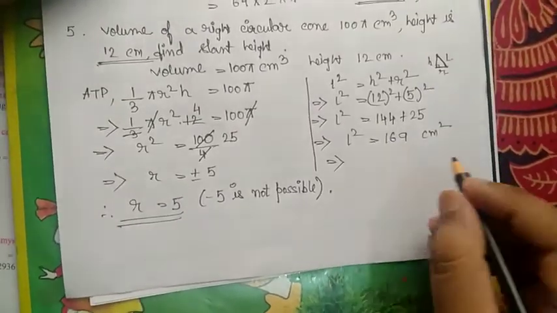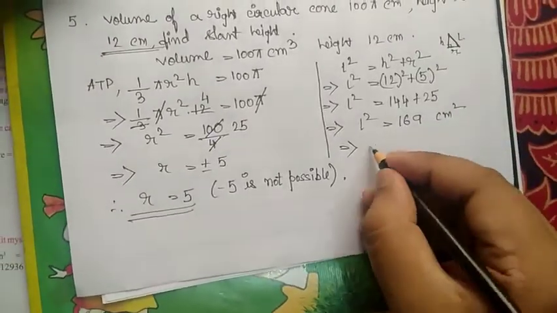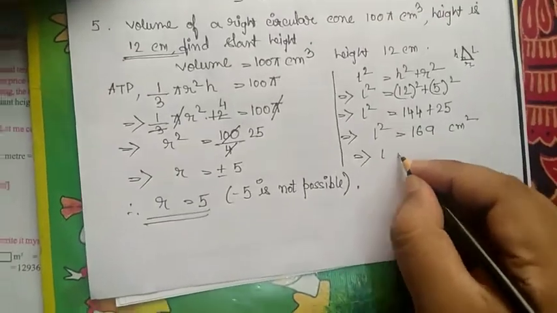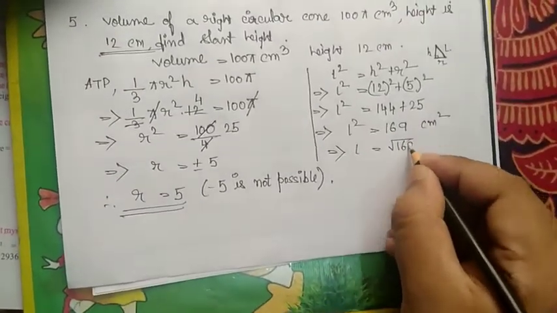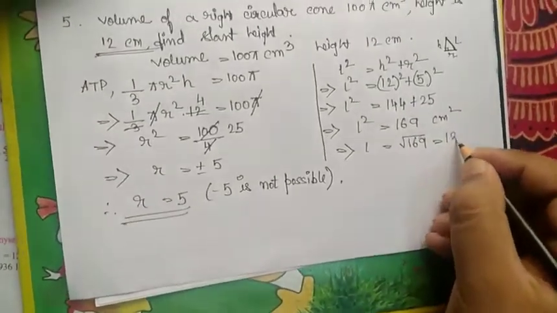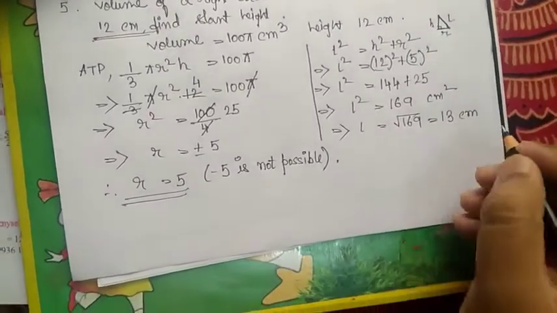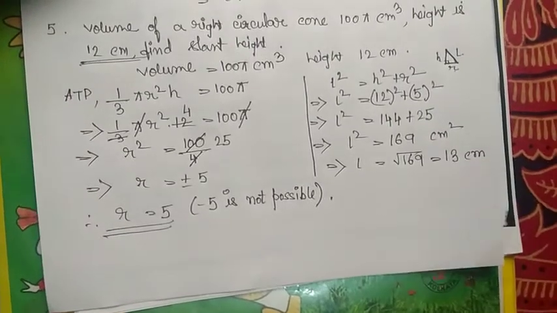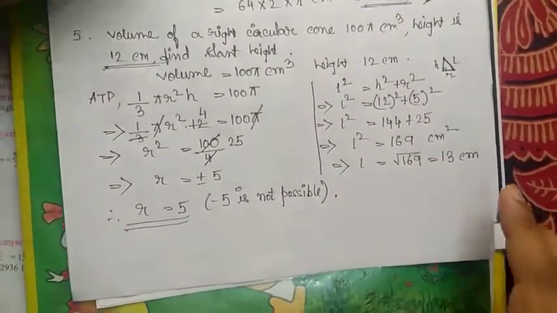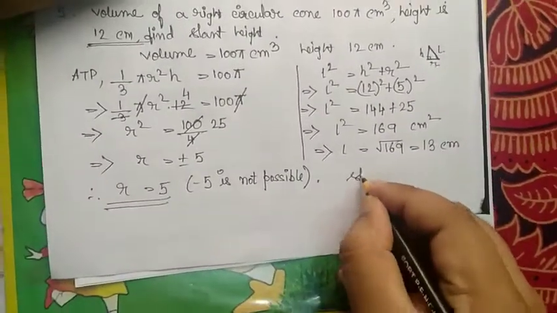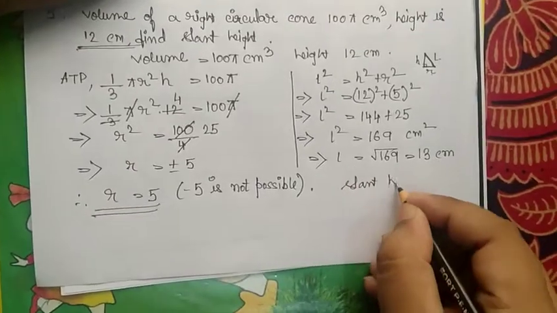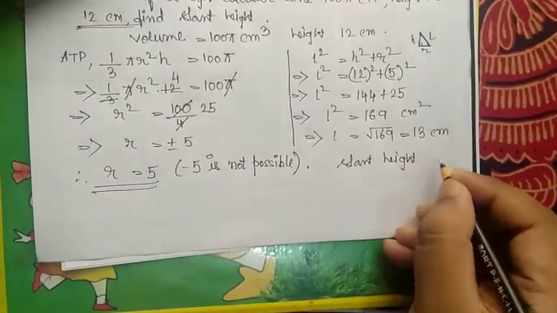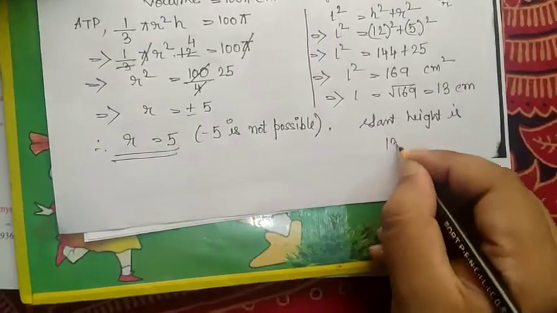By square rooting both sides, we get that L, the slant height, equals root over 169, which means 13 centimeter. It should be plus minus 13, but minus 13 is not possible because slant height or radius cannot be negative. So the slant height is 13 centimeter.